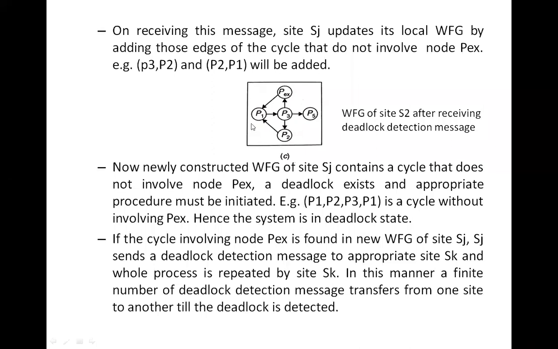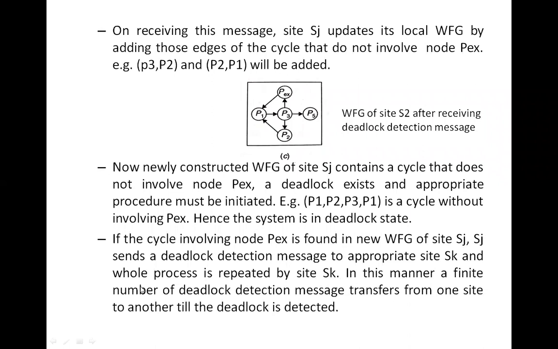Now, if this cycle is not present, then there is a second part. If the cycle involving node PEX is found in the new WFG at the site SJ, SJ sends a deadlock detection message to the appropriate site SK. And the whole process is repeated by the site SK.